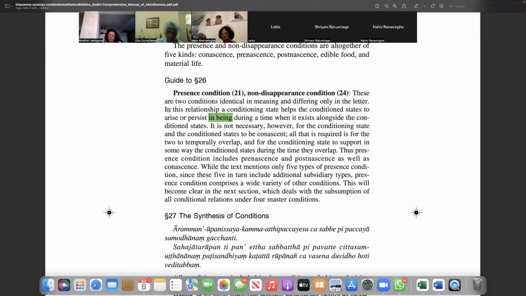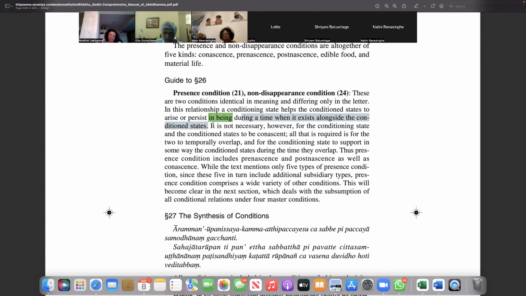Here what it says is, in this relationship, a conditioning state helps the conditioned state to arise or persist in being present during a time when it exists alongside the conditioned state. So here, to arise or persist in being, persist in being during a time it exists alongside the conditioned state. Right?